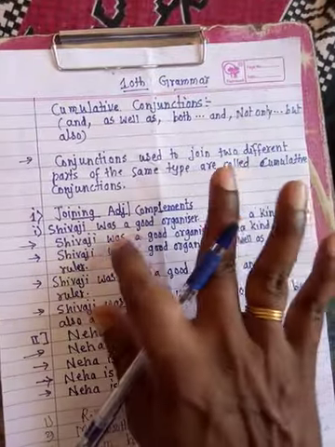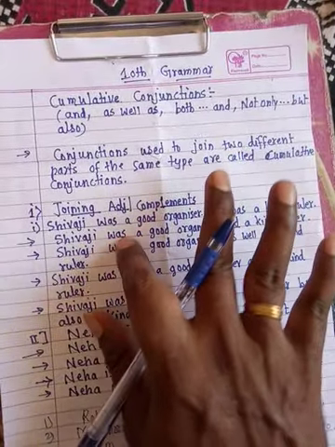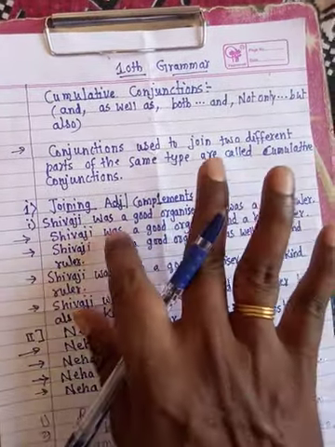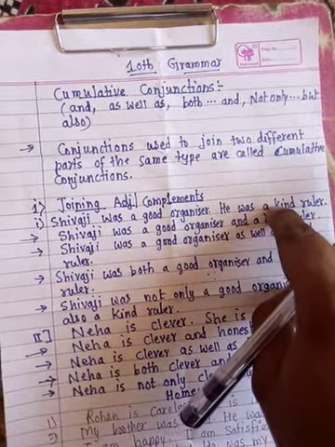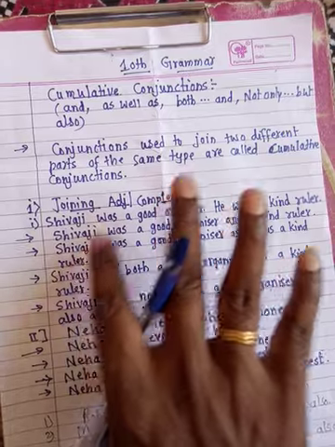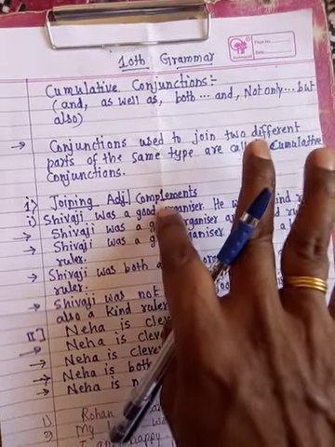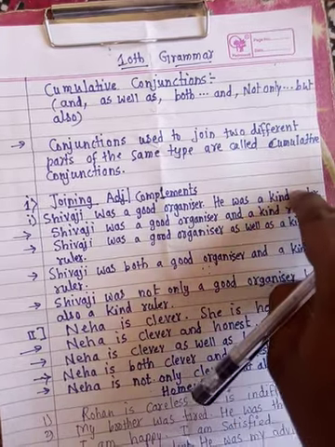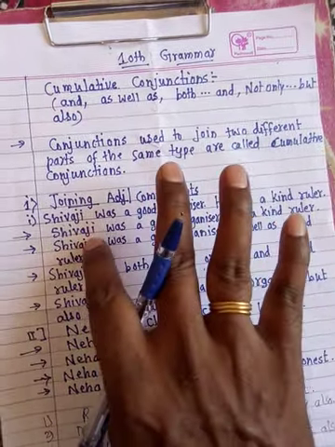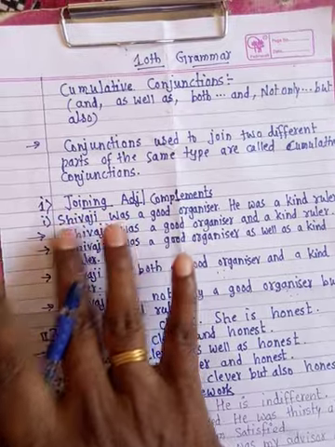They generally appear in a sentence after the verb. So the common part, Shivaji was, here also he was means Shivaji was, so that is taken outside. First complement, a good organizer, then a kind ruler. Common part, he was or Shivaji was, taken outside.